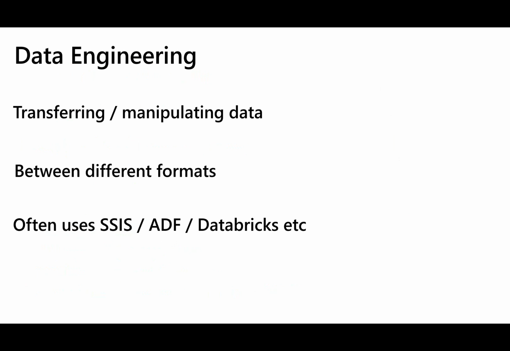I mean, probably the most obvious thing is BCP. Pull in a CSV file, manipulate it in the database engine, do what you want with it, put it into a table. Later on, we've got XML, and now we've got JSON. And we've got a whole variety of things that we can use within T-SQL to do that job.